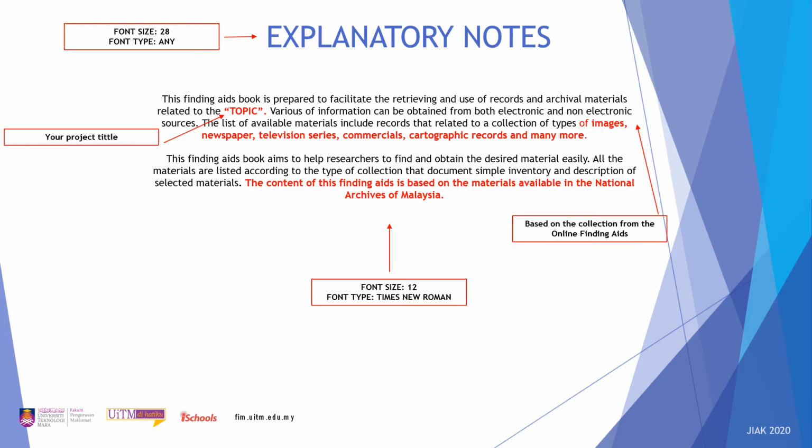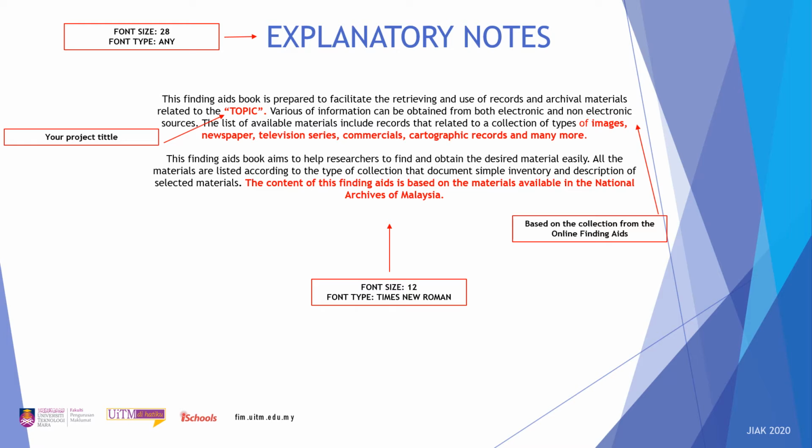Bear in mind, you only have to state the collections that you managed to obtain from the online Finding Aids. If, let's say, you don't have images, you shouldn't put images here. Again, it depends on the collection that you get from the online Finding Aids.